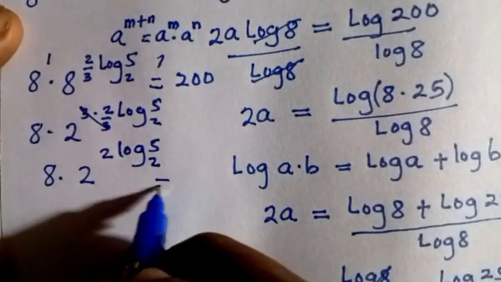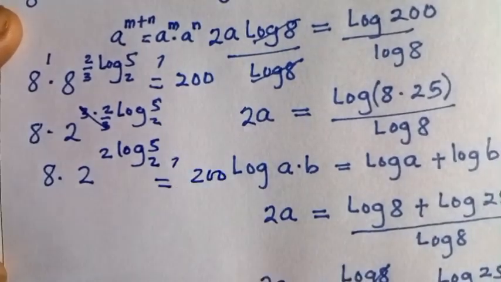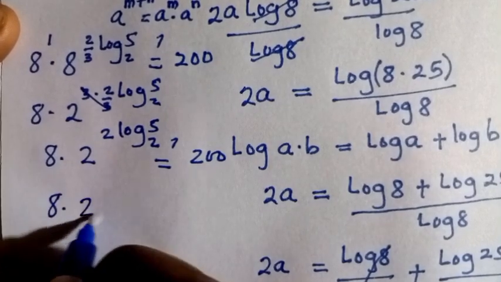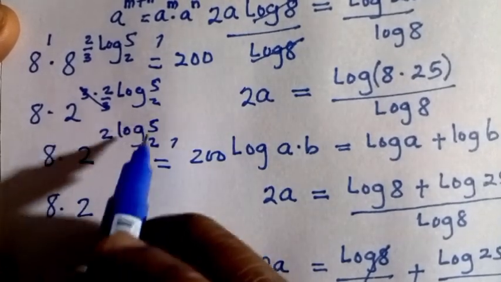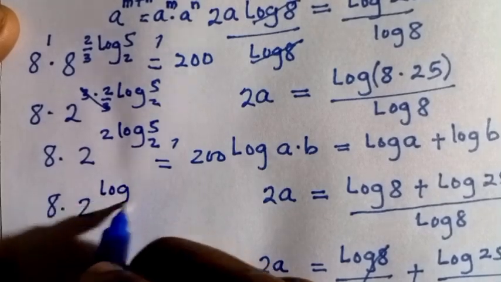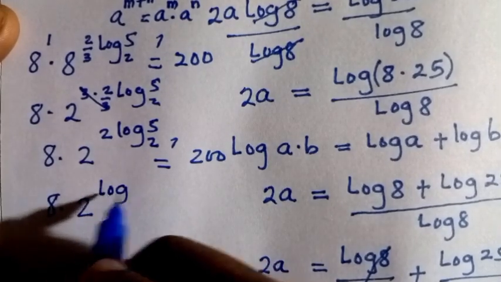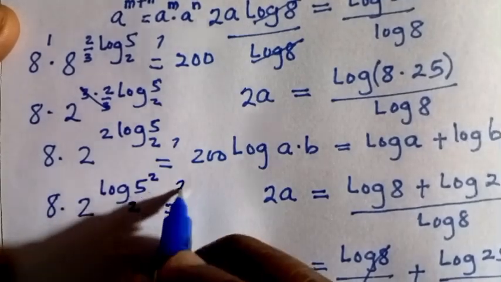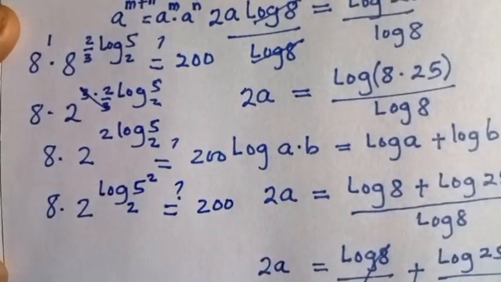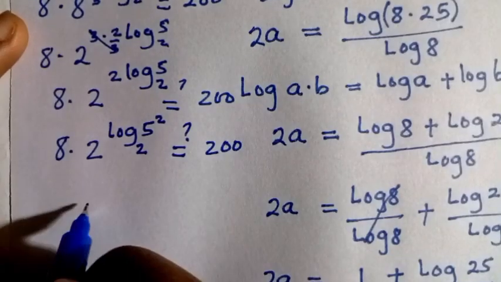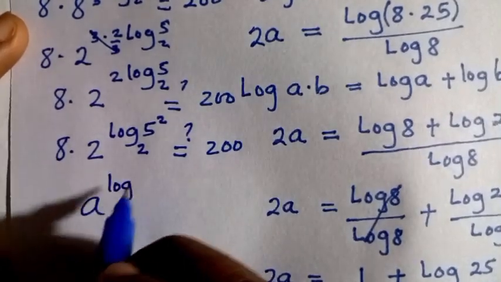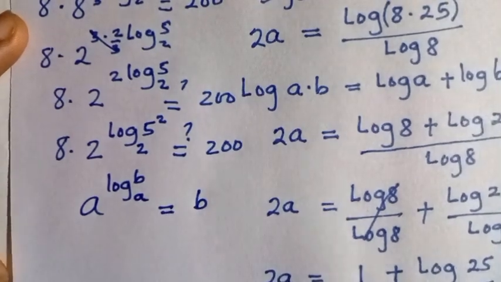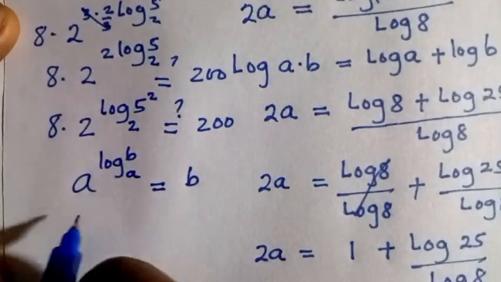Remember, we are still checking if this equals 200. From here, we have 8 multiplied by 2 to the power of, when we take this 2 to the power of 5, we have 2 raised to power log 5 raised to power 2 base 2. I want to check if this equals 200. Suppose we have a raised to power of log b base a, this is the same thing as b, and we have to consider this rule as well.